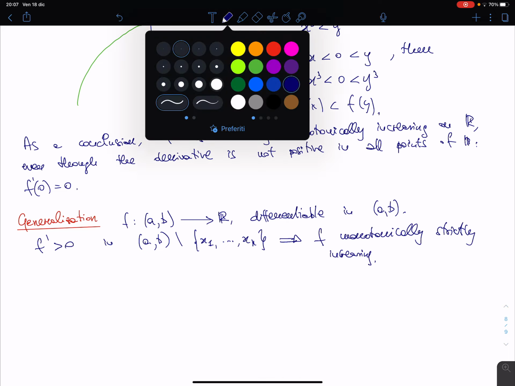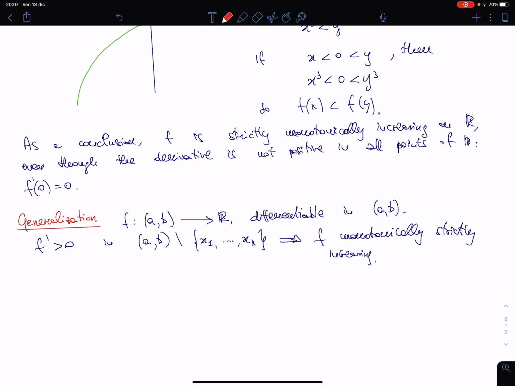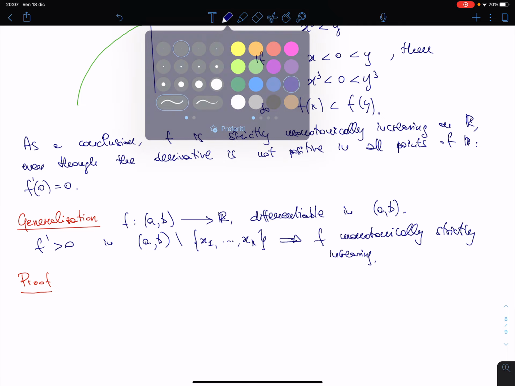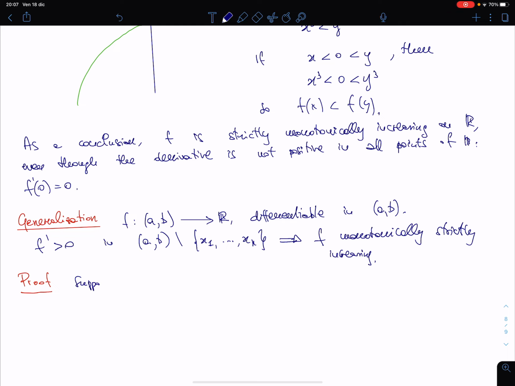It can be a good exercise for you at this point of the course to try to prove it. It is not difficult at all. You just have to isolate your study to every interval, and I write you the first line. Suppose x1 less than x2 less than xk.